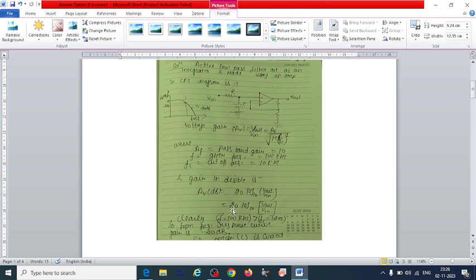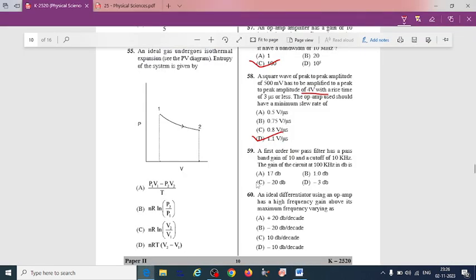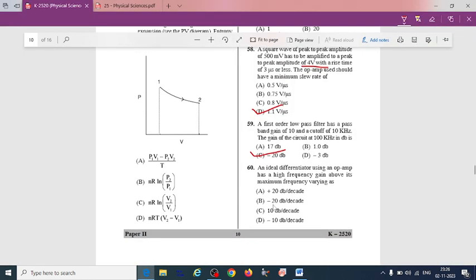So if we put the values here, we will have clearly the cutoff frequency, 10 kilohertz, must be less than the given frequency of 100 kilohertz. So from this we can say option C is correct.